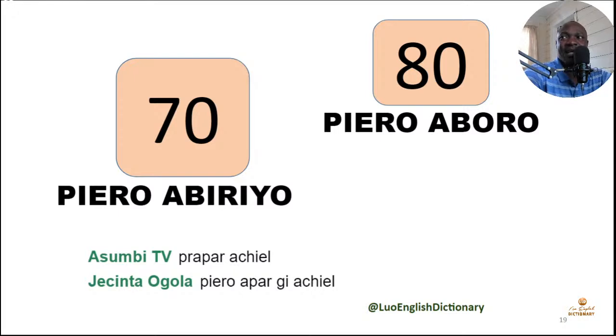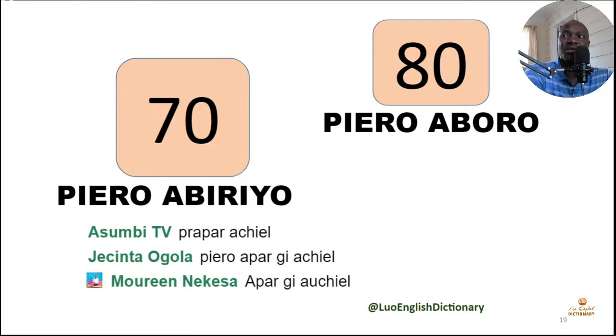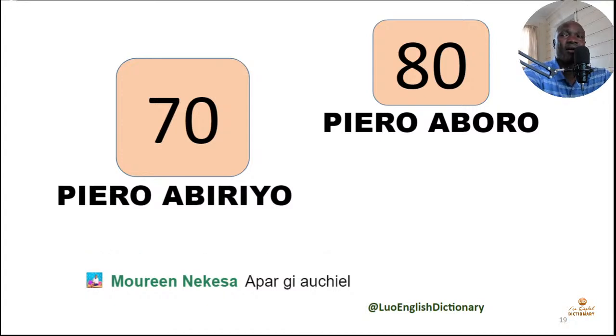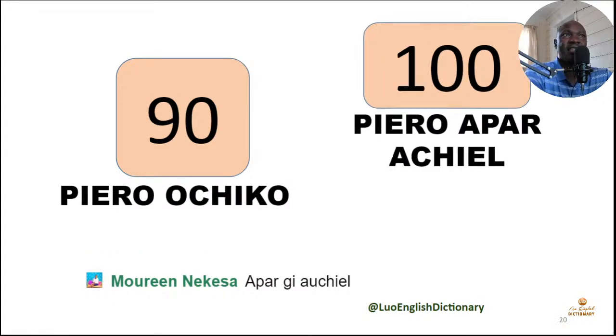Thank you so much, Asumbi and Jacinta. That is the original way of saying 100. But because we have influence from the Swahili, we actually say mia achiel. So our original way of saying 100 is piero apar achiel.